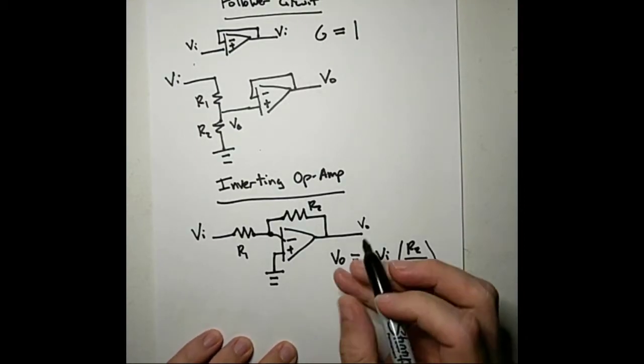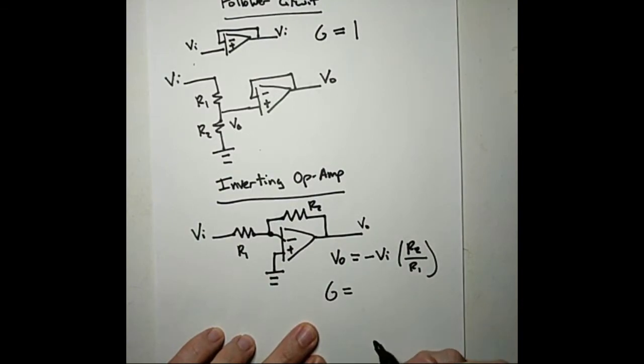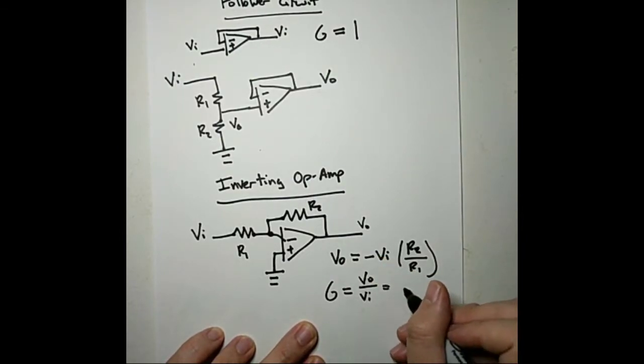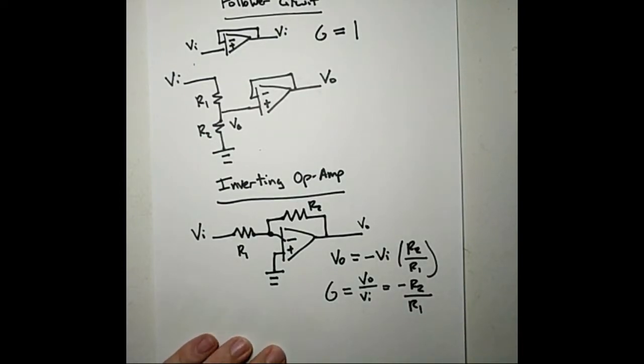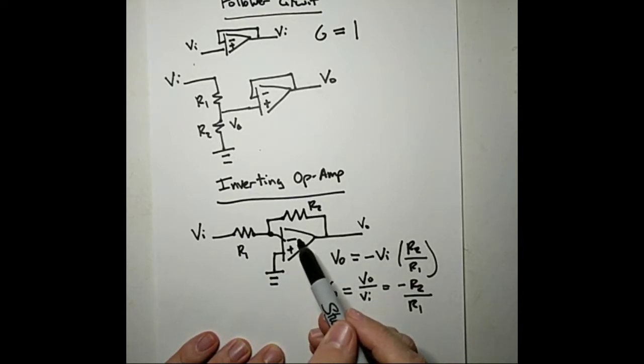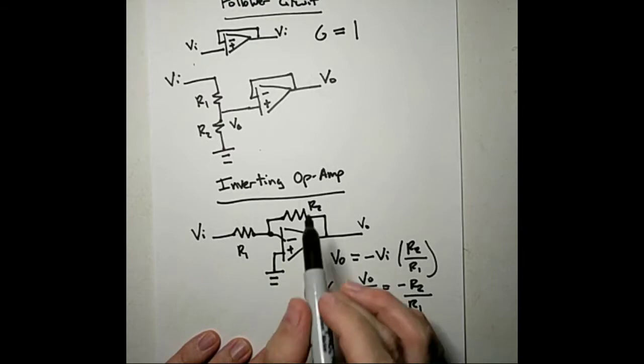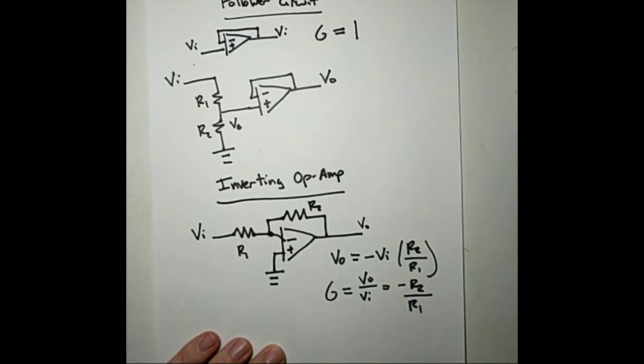And if we think about that in terms of gain, which would again be out over in, so V out over VI, that is minus R2 over R1. So it's called an inverting op amp because we change the sign of the voltage. And we know that it does that because we're going into the inverting input. And that's why they call it the inverting input. So the gain is going to be related to these two resistors, whatever their relationship is.